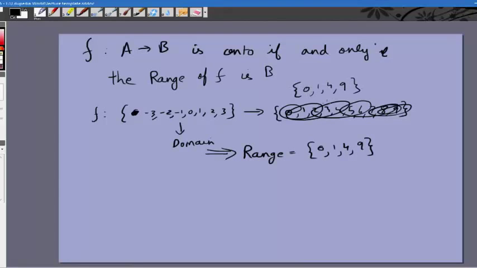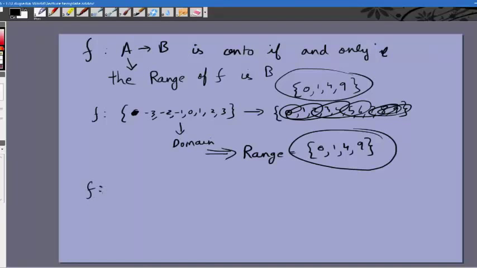So if it is defined from A to B, A is called the domain, and B, I made a mistake, I think in the beginning I said B is the range. No, the range is the values f might take. The range has to be a subset of B, but B might have some extra terms as well. For example, if you take f going from the real numbers to real numbers such that y is equal to x square, then the domain is real numbers, but the range is not necessarily real numbers.